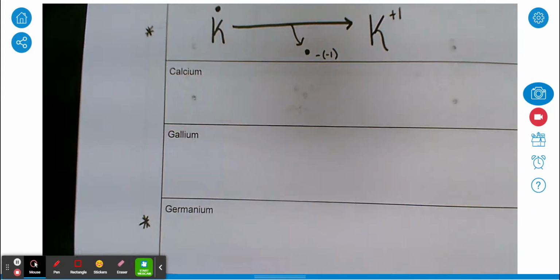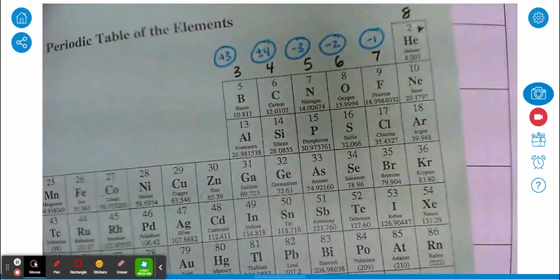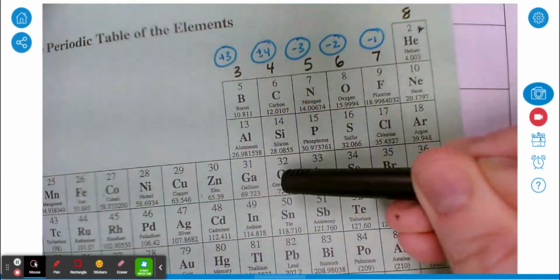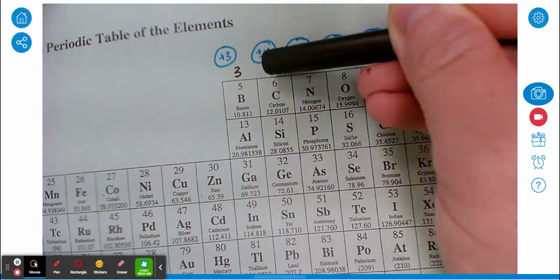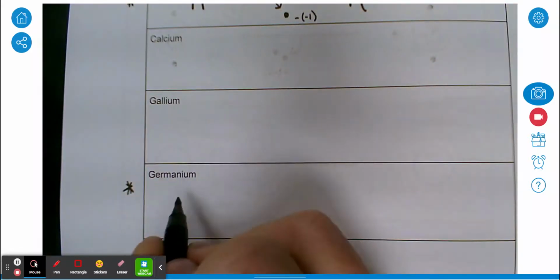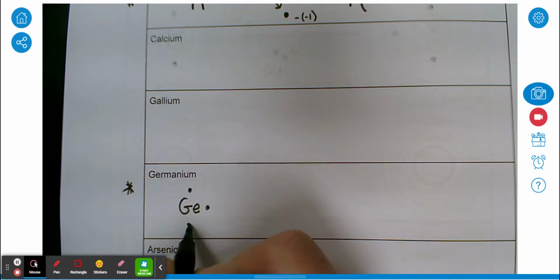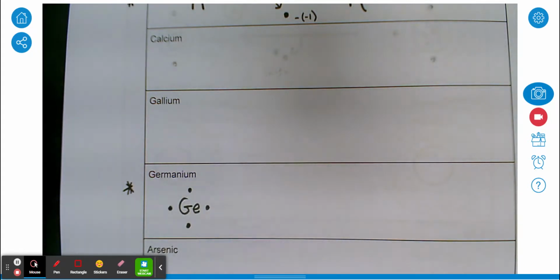Okay. Now, germanium is one of our funky ones. First step is to find it on the table. Germanium is in column 4, so it has 4 valence electrons. Okay, now 4 is my OR pathway.